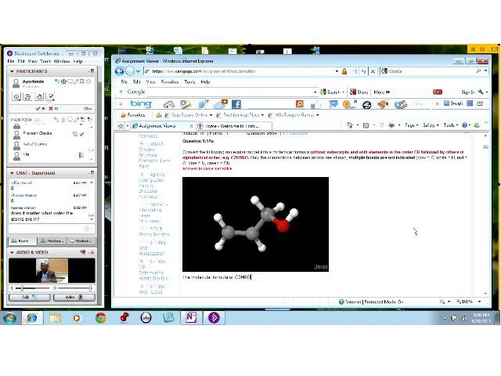For example, if you have nitrogen in this molecule, nitrogen will come after the hydrogen and will come before the oxygen atom. Okay? Is there any other question?